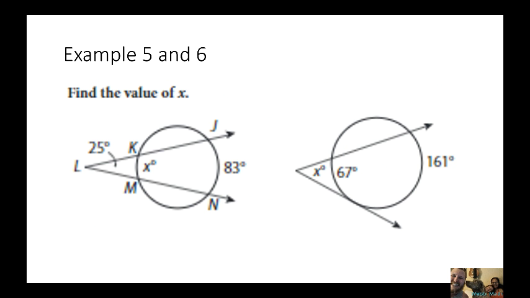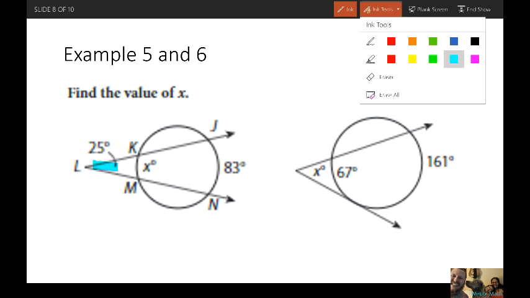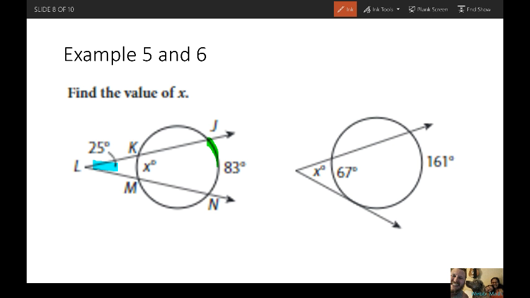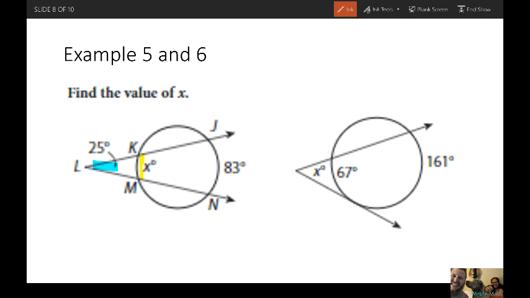So we're going to find the value of x. We have two secant lines cutting through here, so we're going to solve for this. Remember, this guy should equal half of the big guy minus, and let me use a different color, because I think I used yellow for the smaller one. It was the green that was the smaller one.